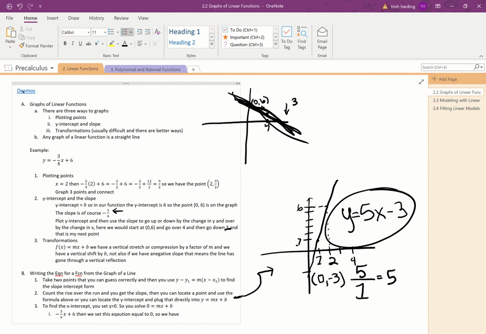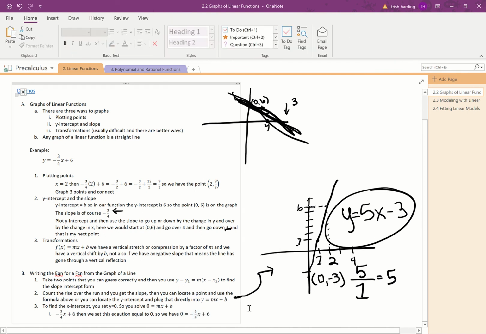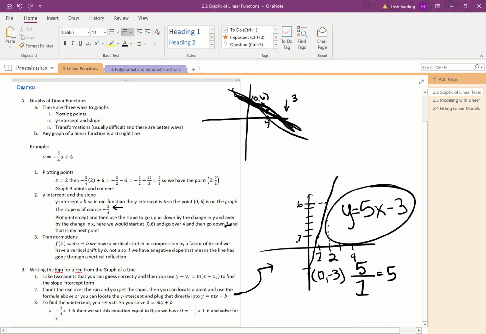So we have 0 equals negative 3/4 x plus 6. And then that's what we would solve, and solve for x. I guess if we want to take that one step, no, I'll let you guys do that. That's a pretty good one.